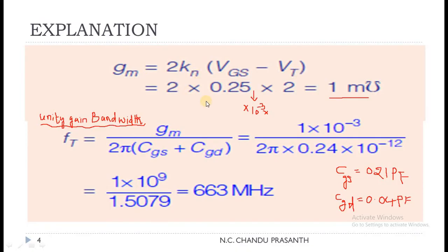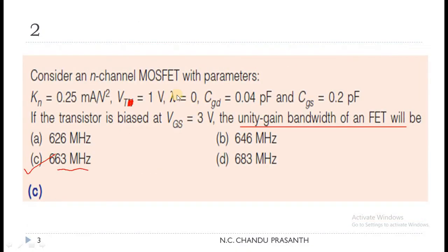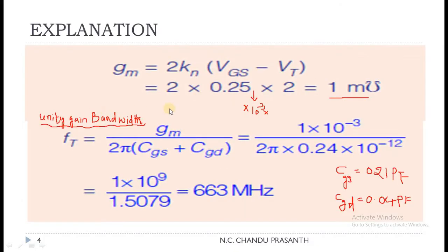What is the value of Kn? Mentioned in the problem, 0.25 milliampere, so Kn is 0.25 into 10 power minus 3, and Vgs minus Vt equals 2. That gives gm, the transconductance, as 1 millimho.